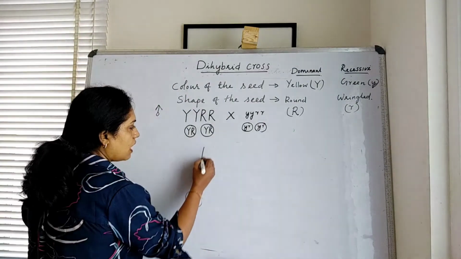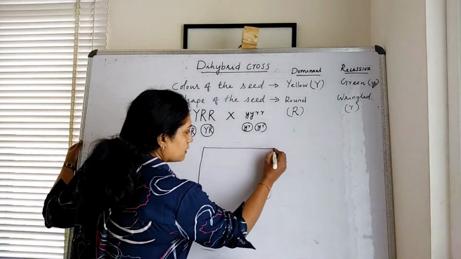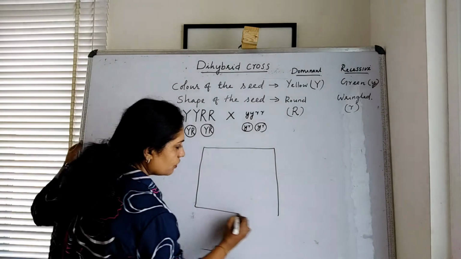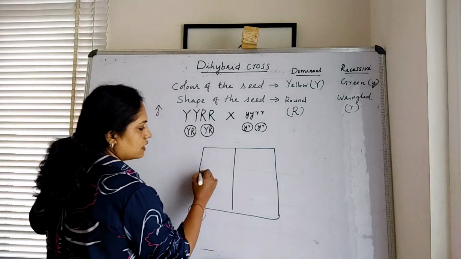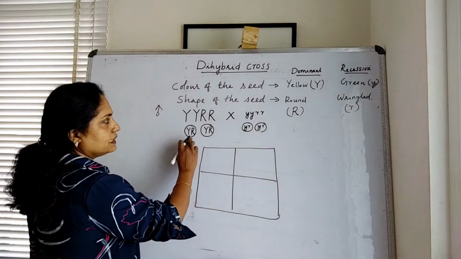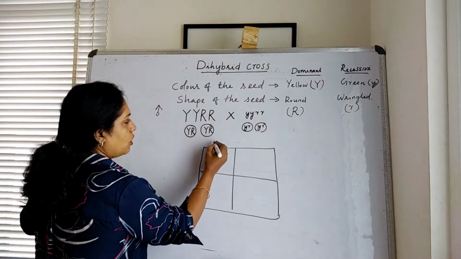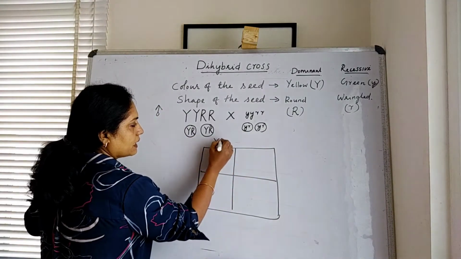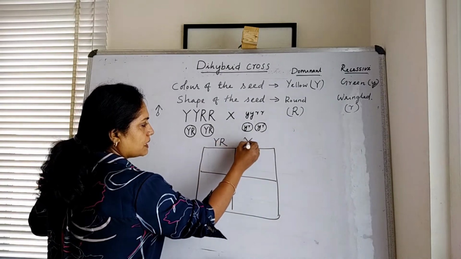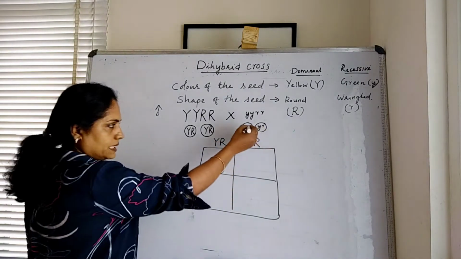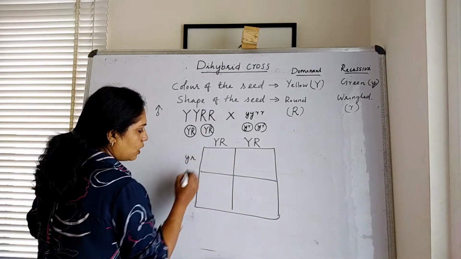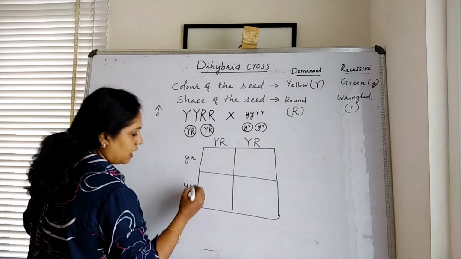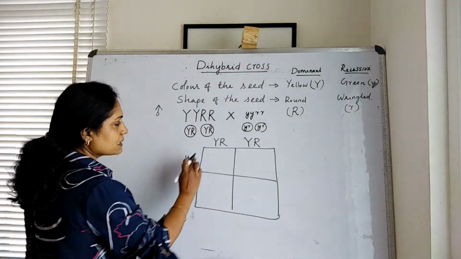Let us see how to draw a Punnett square. We need 2 columns and 2 rows, and we are writing the paternal gametes on the top, that is capital Y and capital R, again capital Y and capital R, and maternal gametes on the left hand side, small y and small r, small y and small r.